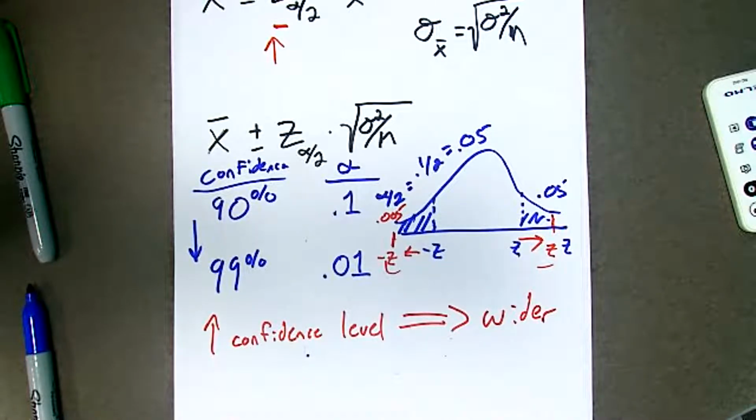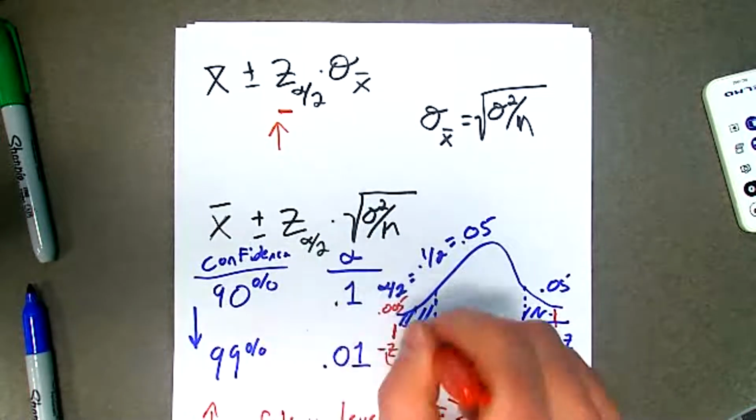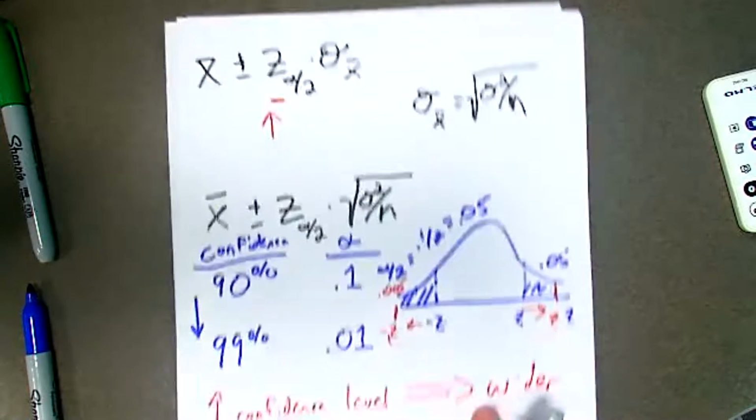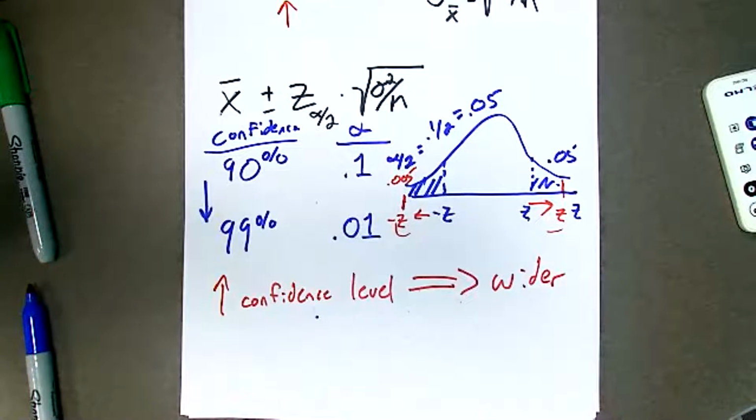Well, I can say with 99% confidence it's between 40 and 70. I just make the interval wider, and I can tell you with a higher level of confidence that it's somewhere in that range. I walked through the statistical reason why, but this is pretty intuitive. If I want to say something with a higher level of confidence, just give a bigger range of values.